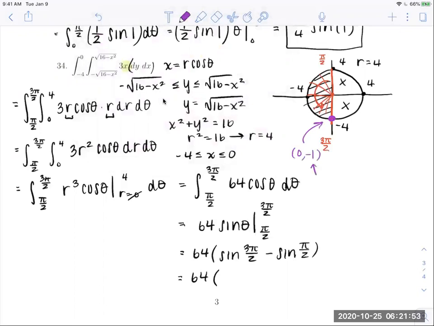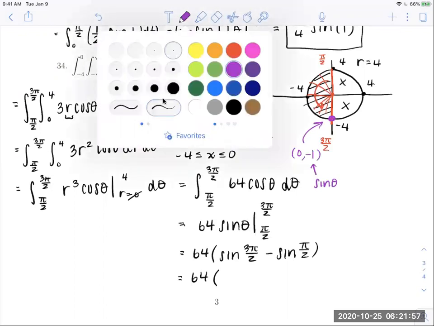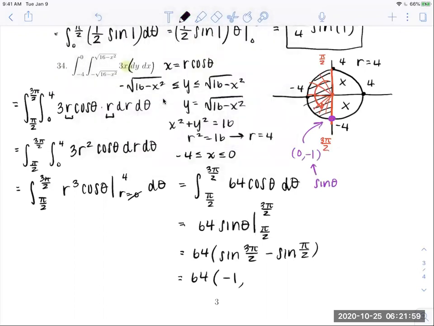Remember, sine is the y coordinate. So I have a -1 here at 3 pi halves, and then take away at pi halves, the y value is 1. So I have 64 times -2. So my final answer here is -128. All right, this concludes section 14.3, double integrals and polar coordinates.